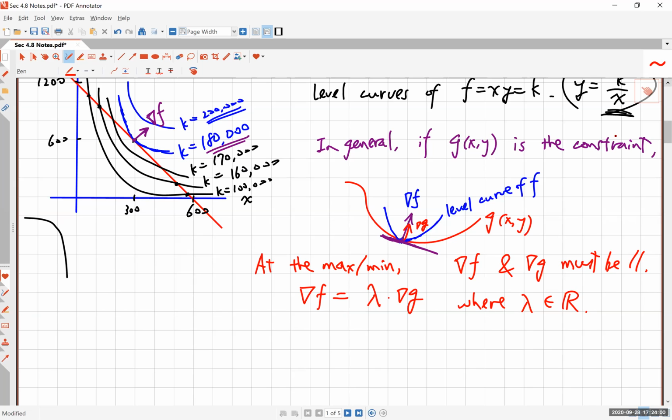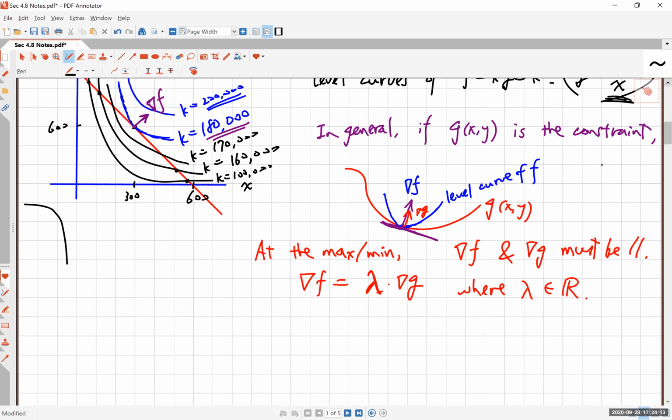I don't know why they use lambda. I guess lambda is a nice Greek letter that represents L as in Lagrange. So this lambda is what we call the Lagrange multiplier.